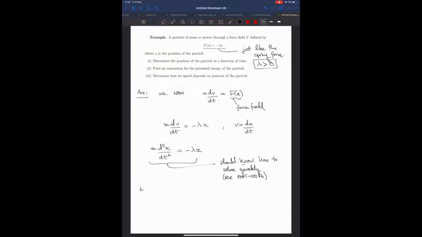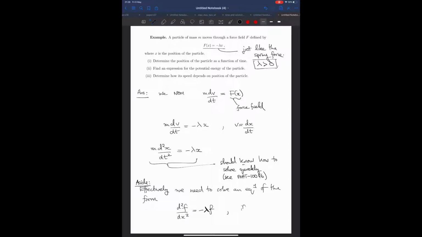So effectively, we need to solve an equation of the form d squared f by dx squared equals minus lambda times f. Lambda isn't the same lambda as in this is just an aside problem. It's not the same lambda as in the question. Okay.